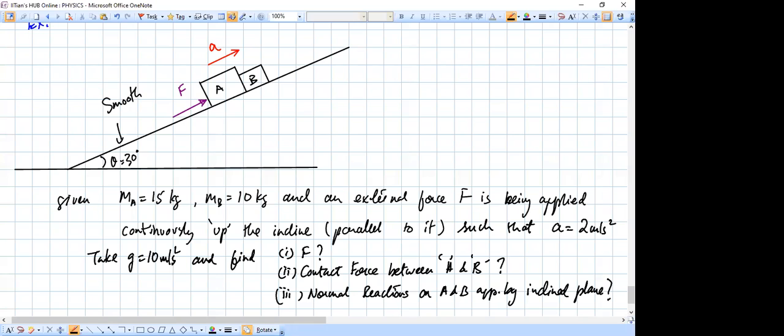It will be 150 newtons, I think. None of you have got it correct so far. Kevin, just check your calculation once.